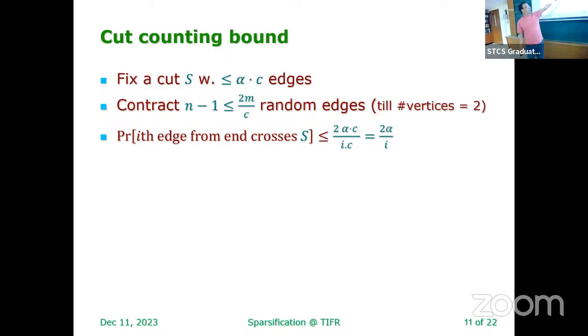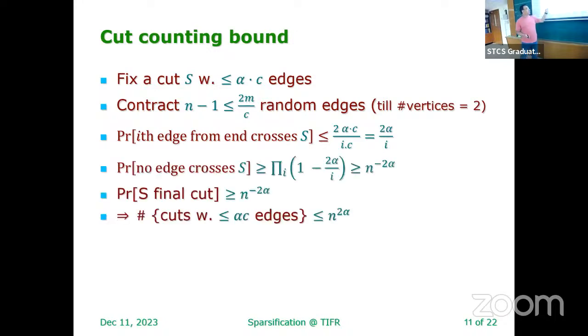The probability is exactly that quantity, 2 alpha over i. The probability that an edge from your cut is not chosen is 1 minus 2 alpha over i. And you just take the product of this over i going from n down to 1. That's the probability with which your cut will be output.